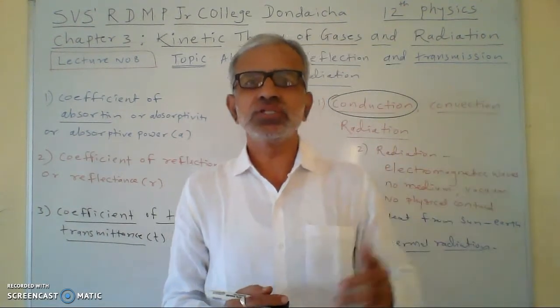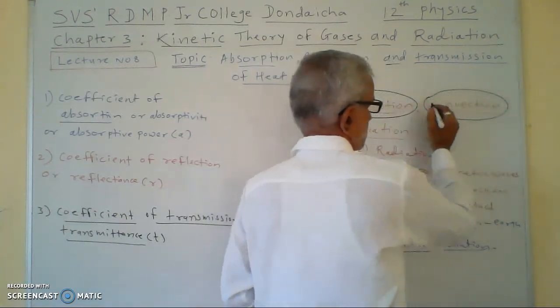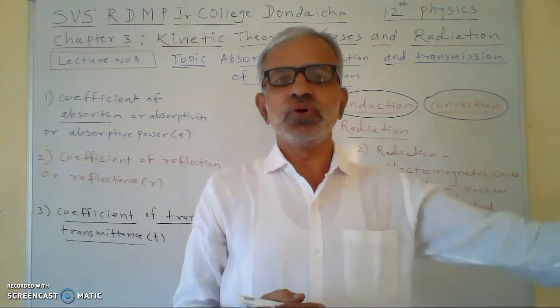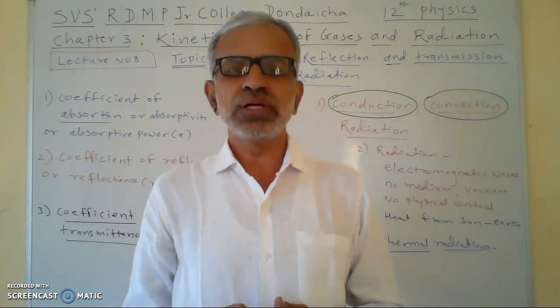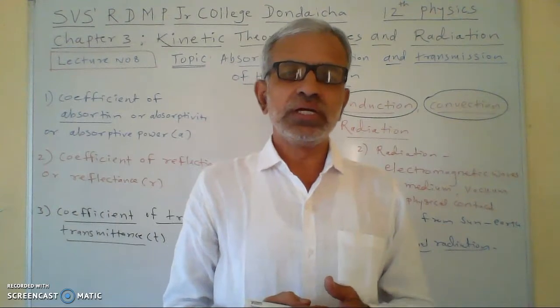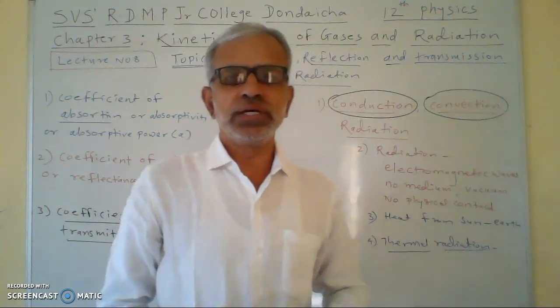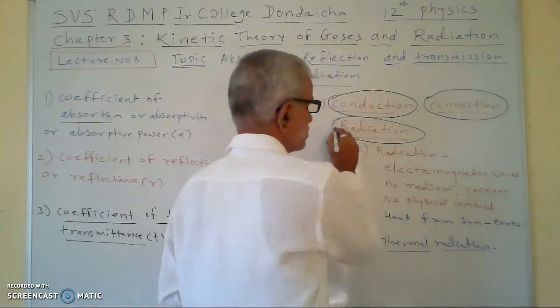Then the second is convection. This is the second way to transfer heat from one point to another point. It also requires a material medium. Now there is a third mode which is called radiation.